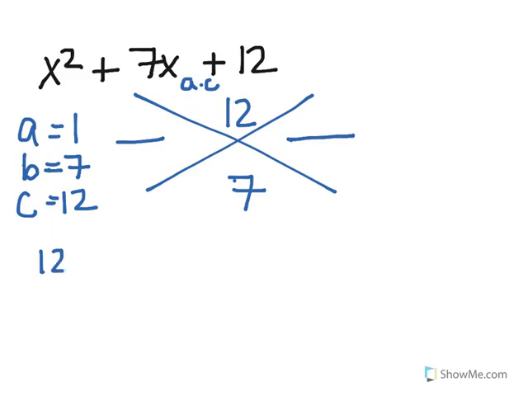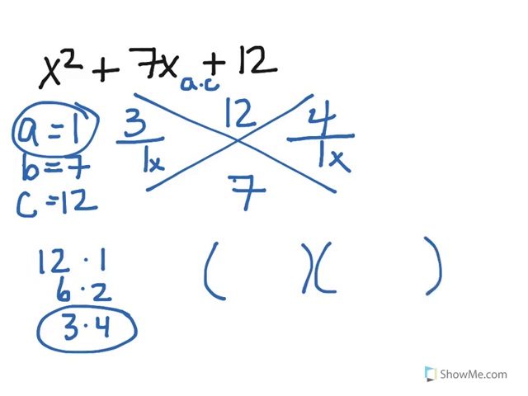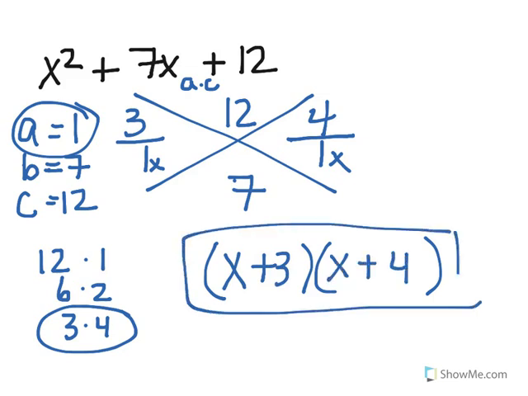There's only three ways to get 12. 12 times 1, 6 times 2, 3 times 4. Here's the pair that we need. Then I'm going to take the value of a, and I'm going to make it into a fraction. The bottom gets the x, and so our factors are going to be 1x plus 3x plus 4, and we're done.